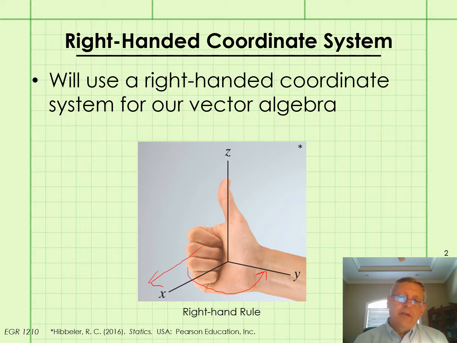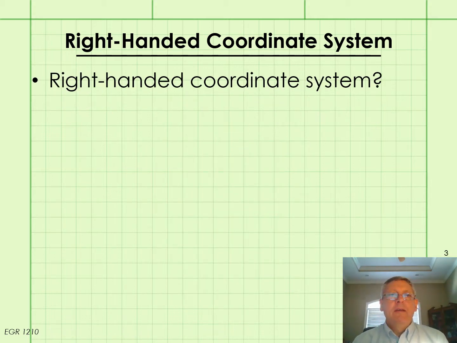When you curl your fingers into the y-axis, if your right thumb points along the direction of the positive z-axis, then it is a right-handed coordinate system. Let's look at several 3D coordinate systems and use the right-hand rule to check and see if they are right-handed or not.